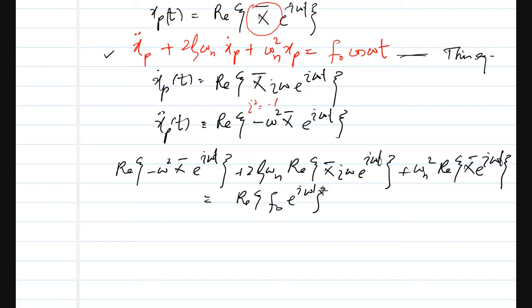So if you look at this equation, the right and left hand side look similar. That's why we have converted the equation into the complex number.